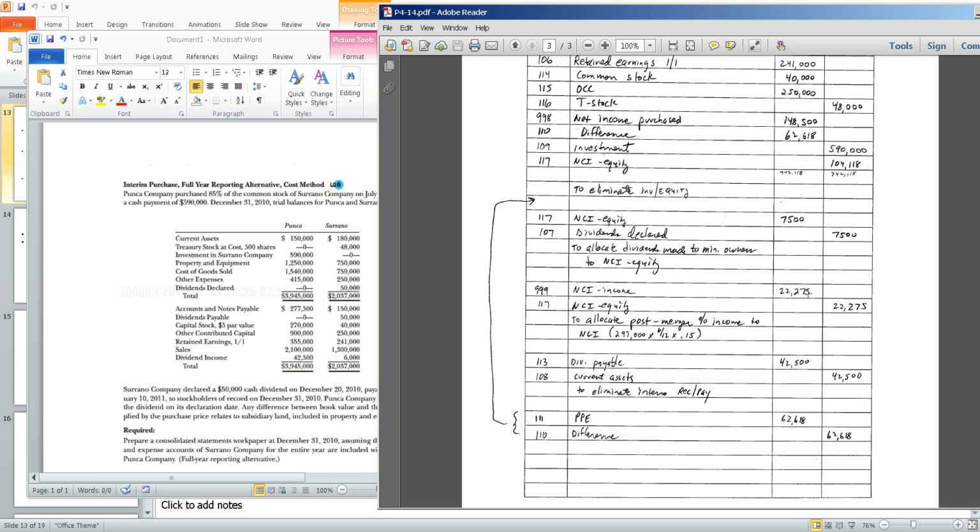Gives you $22,275. That's the post-acquisition merger earnings that belong to the minority shareholders. We're going to debit an income statement account called non-controlling interest in income for that amount, and transfer an equal amount to non-controlling interest in equity. $22,275.